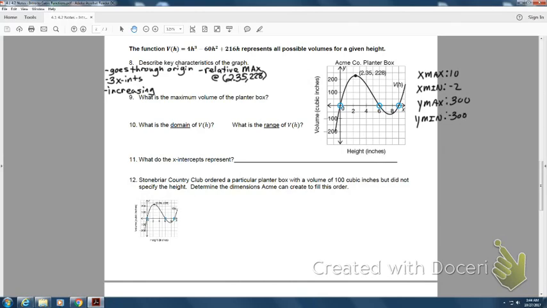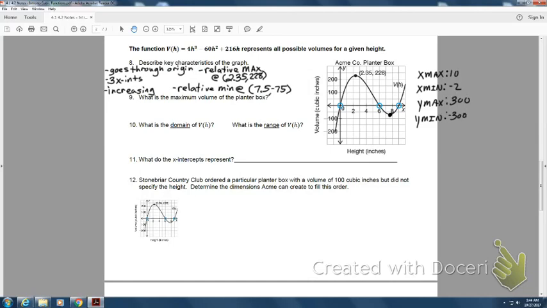And then you have the relative min, which is not labeled on here, but we'll say it's, I don't know, 7.5, negative 75. I'm looking at this point down here. So all things that you need to notice. It's an increasing graph. Now we've got 3 x-intercepts, that's new.